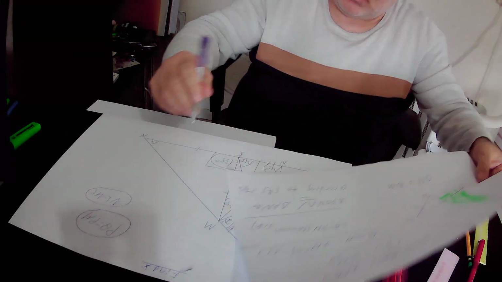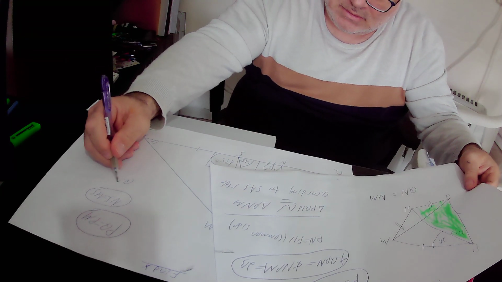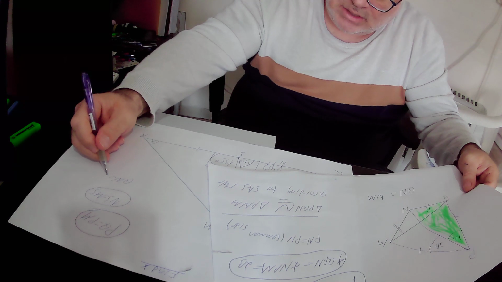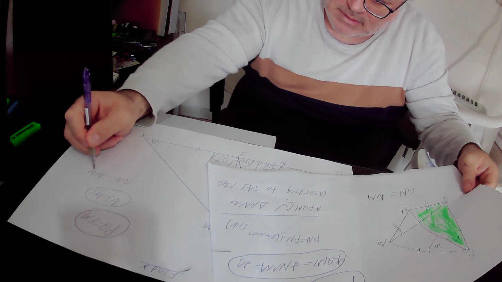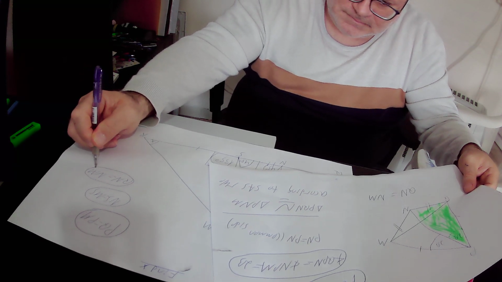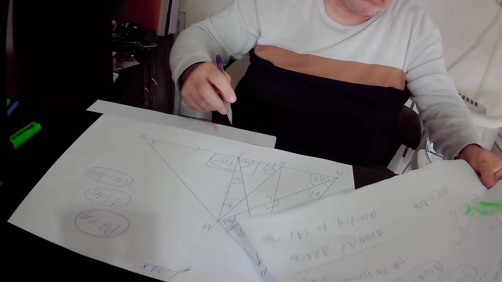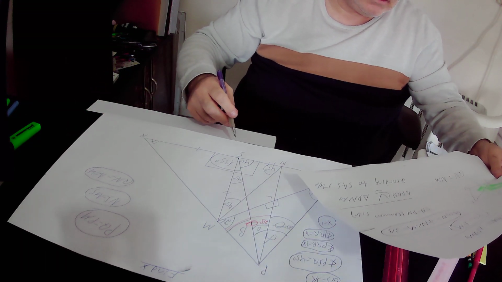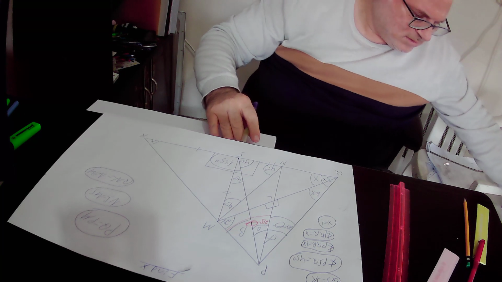So right here QN equals NM, so I will draw again triangle QMN in a new page.